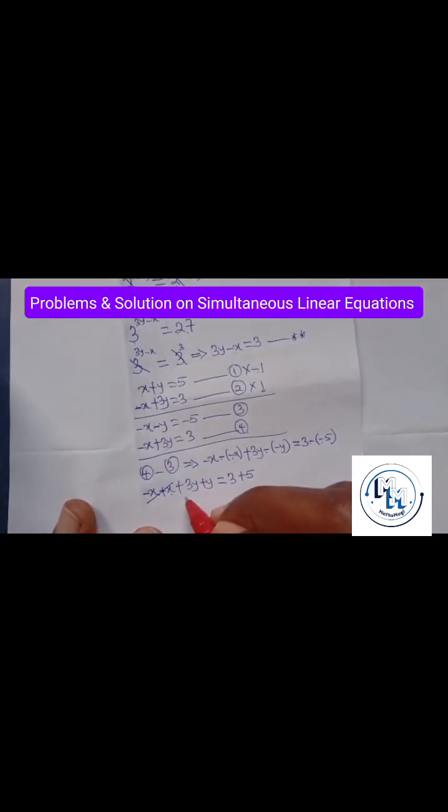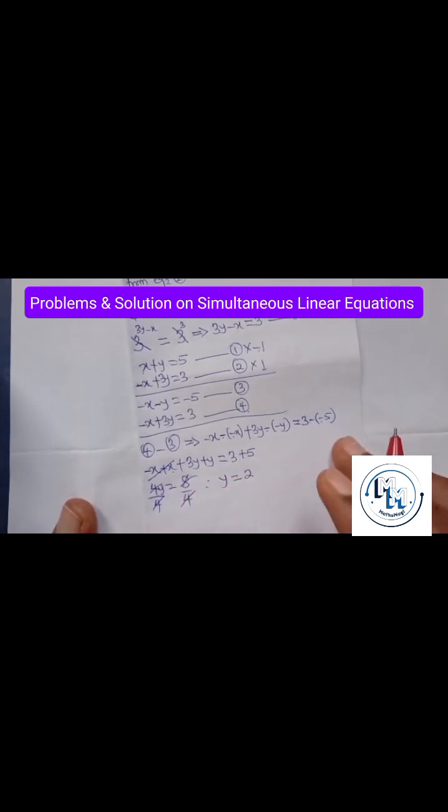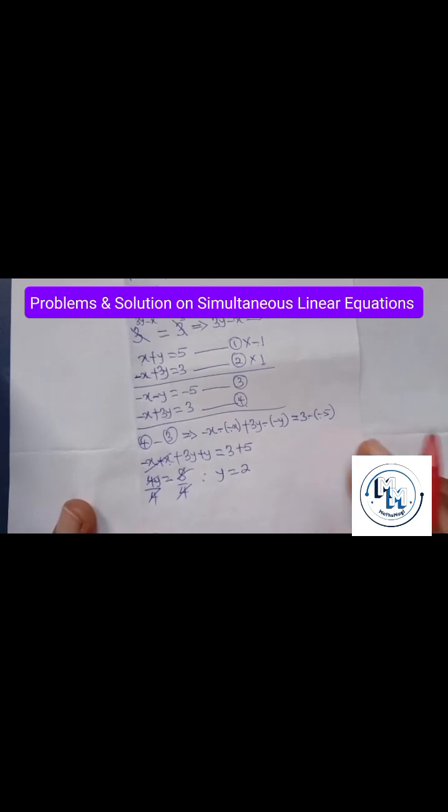Is that okay? Of course this will go, because minus x plus x is 0. Now 3y plus y is 4y. 3 plus 5 is 8. Now to get my y, I divide both sides by 4. Therefore y is equal to 8 divided by 4. I have 2. Is that okay? Good.